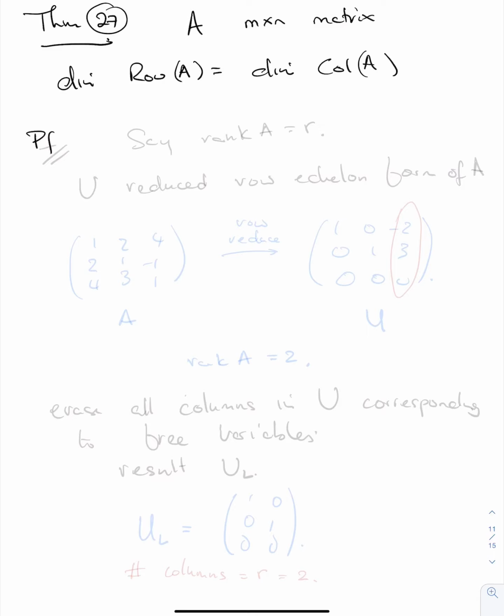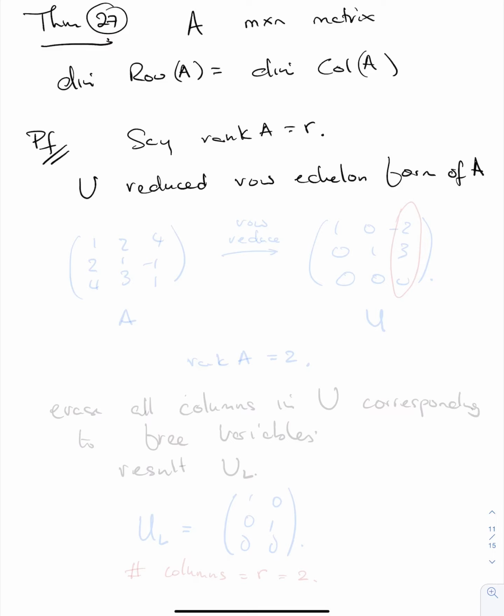Here's the proof. So we're just going to say that r stands for the rank of A, just to keep things short. We're also going to say that U is the reduced row echelon form of A. Every matrix has a reduced row echelon form.